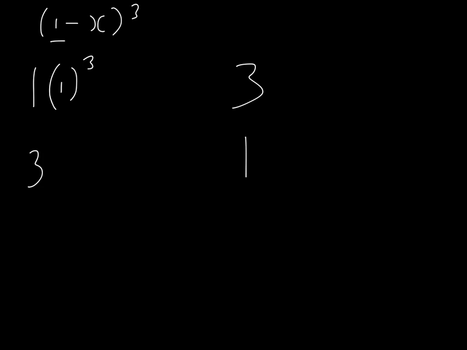The second coefficient is then times by the first term again, so it's times by 1, but that would be squared, because if I'm right in saying, as you go from left to right with the first term in the bracket you decrease the power. So the third term would then be times by 1, but that would just be to the power of 1. And then the last term is just 0, so I don't need to put anything there.